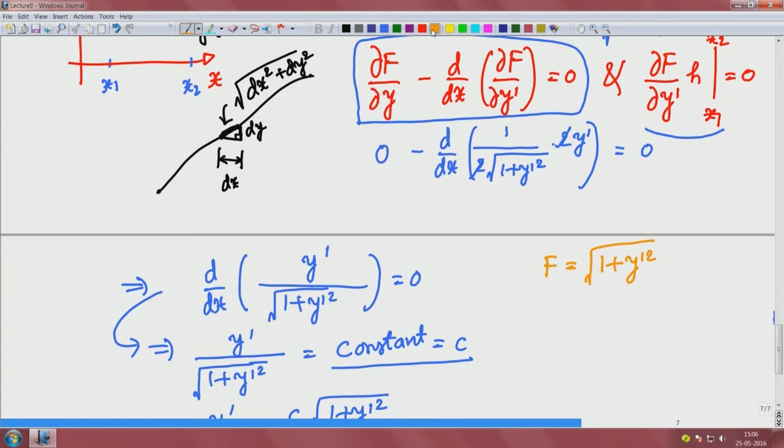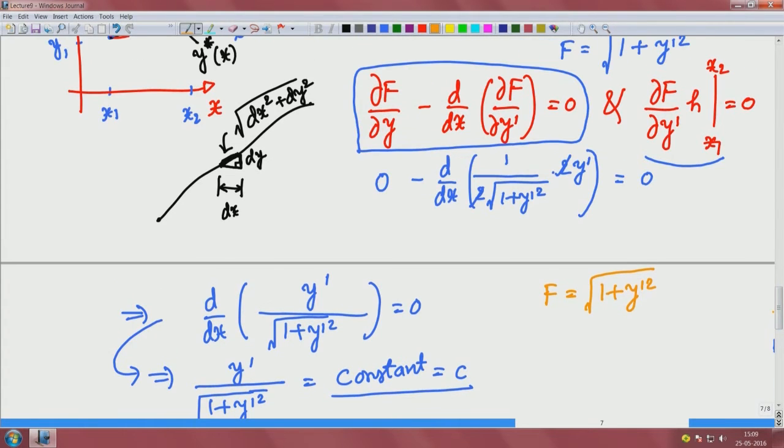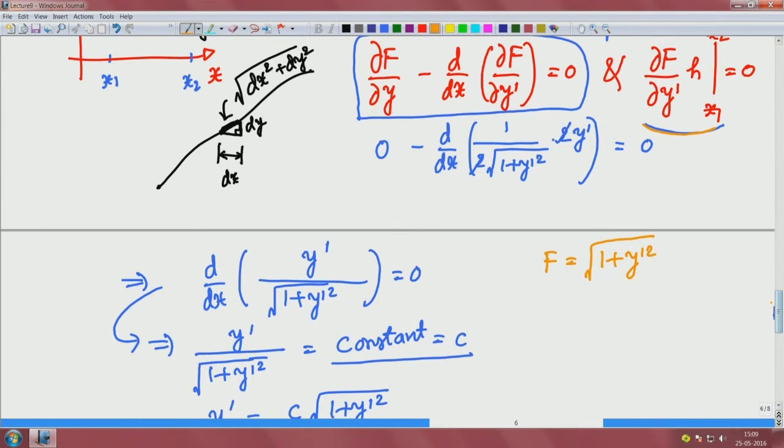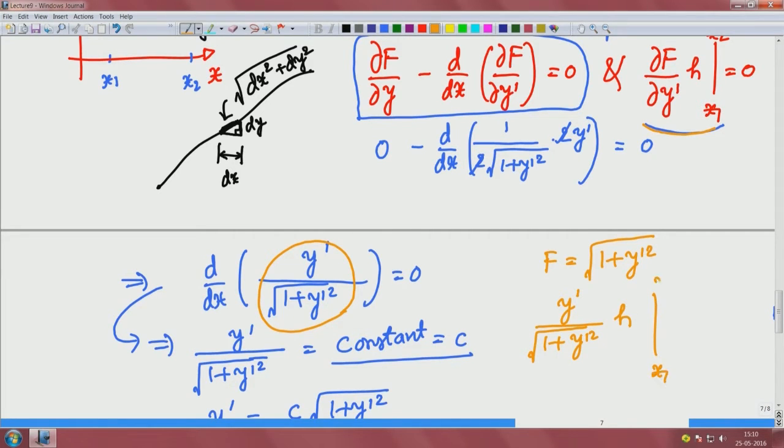So, let us look at this boundary condition, where we have f, which is this, and what it says is that ∂f/∂y', which we had calculated already, so I will write y' by square root of 1 plus y' square times this h should be equal to 0, that product at both ends, x1 and x2.